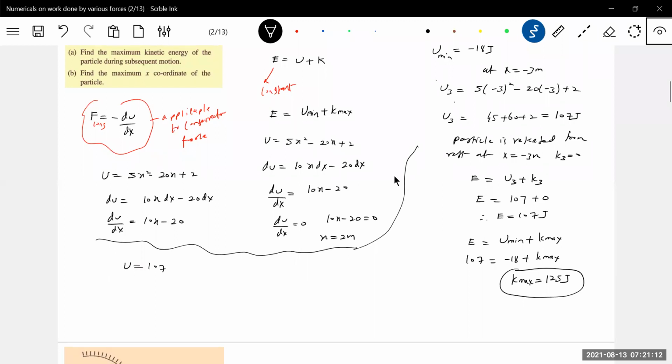When U equal to 107 joules, x will be maximum. 107 is equal to 5x square minus 20x plus 2. Solving the quadratic equation, I'll get x equal to minus 3 meter and x equal to plus 7 meter. So which is the maximum x coordinate?